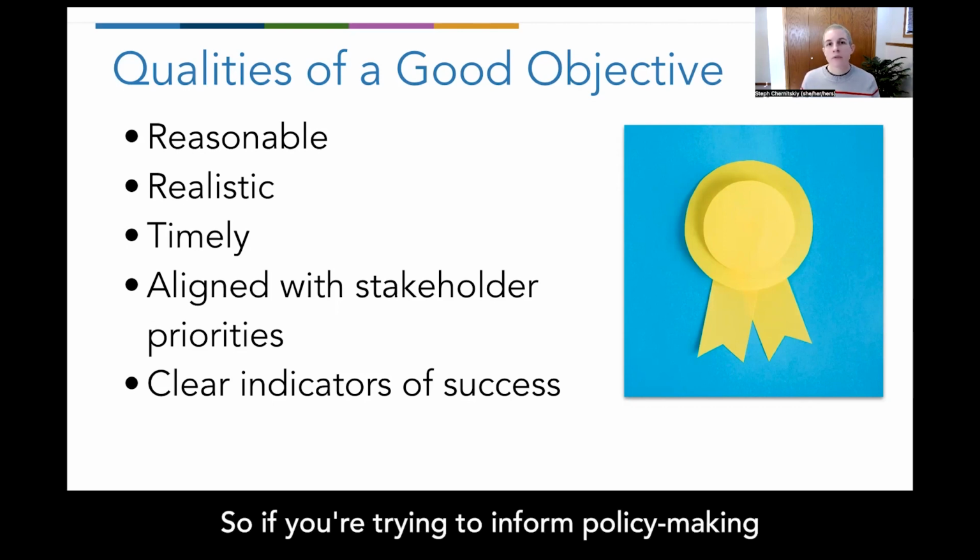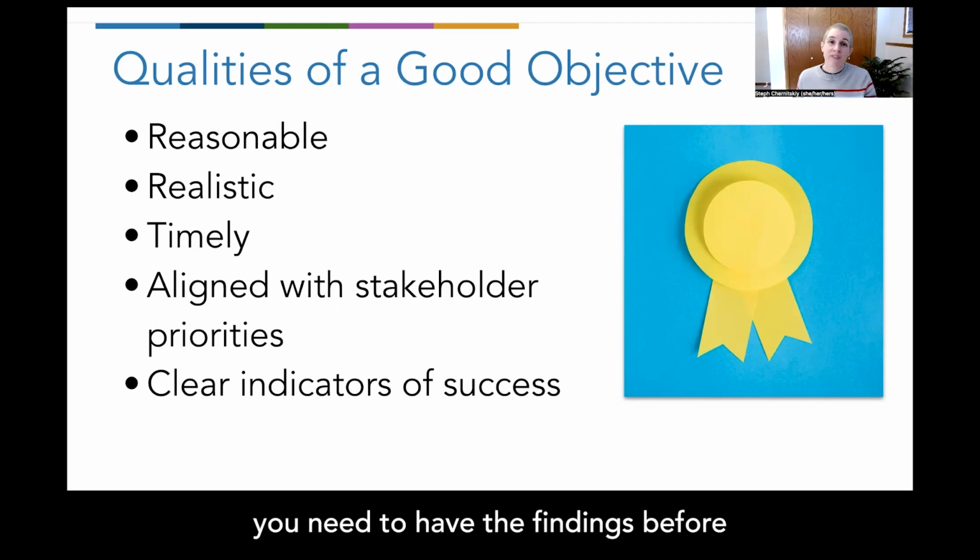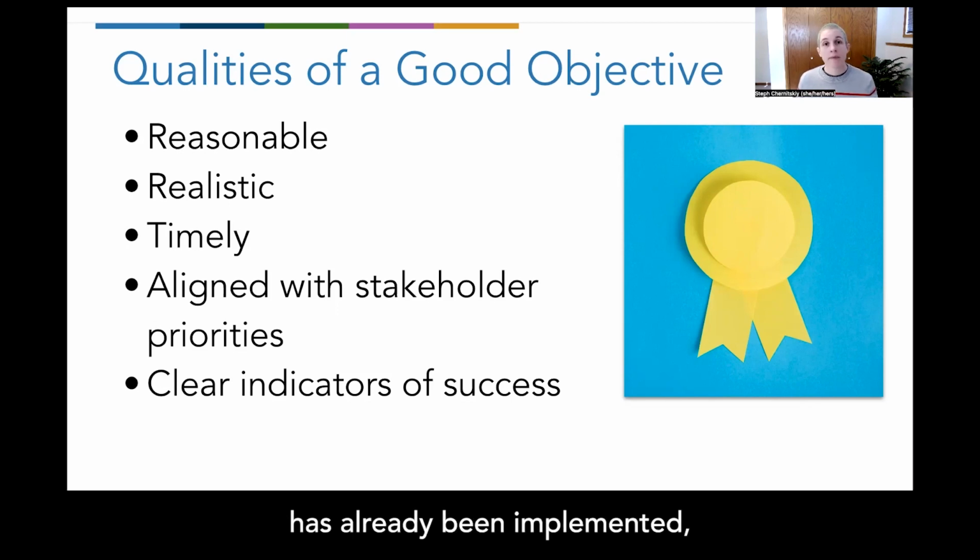So if you're trying to inform policy making or inform programmatic decision making, you need to have the findings before those decisions are being made. If your research comes out 2 years after the policy that you're evaluating has already been implemented, it may not be as useful and relevant, and it may not have any impact on how that policy is implemented or changing that policy.